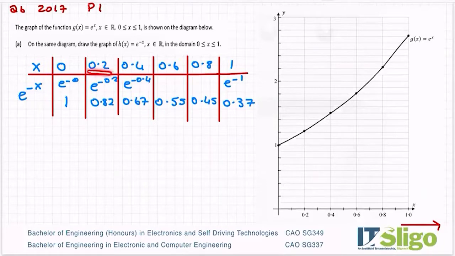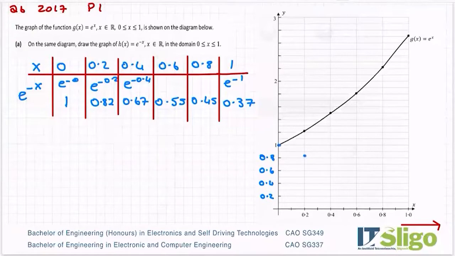So at 0.2, I'm going to plot 0.82. Let me see if I can put more into this. So 0.2, 0.4, 0.6, 0.8. Okay, so 0.82 is just above there.